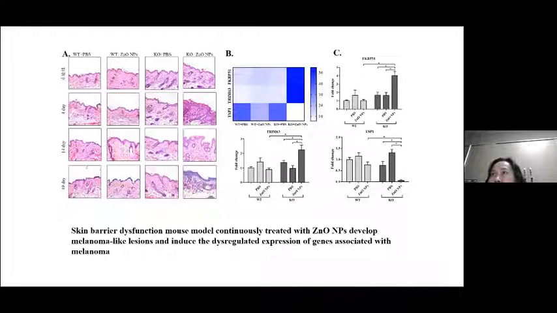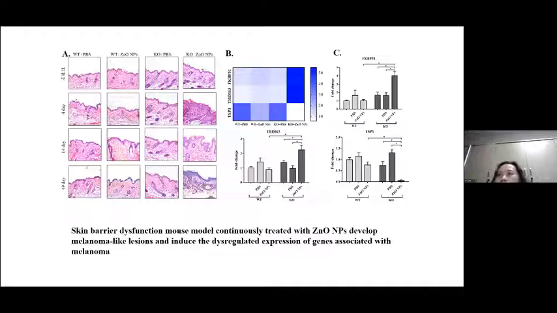One is FKBP51, and TRIM63 will increase in the knockout mice treated with nanoparticles. And TSP1 is decreased in the knockout mice treated with nanoparticles.